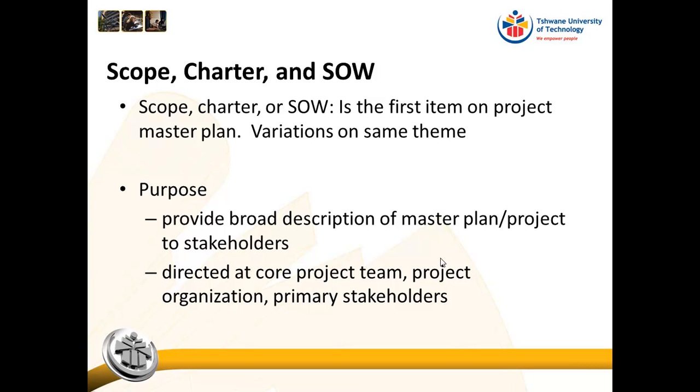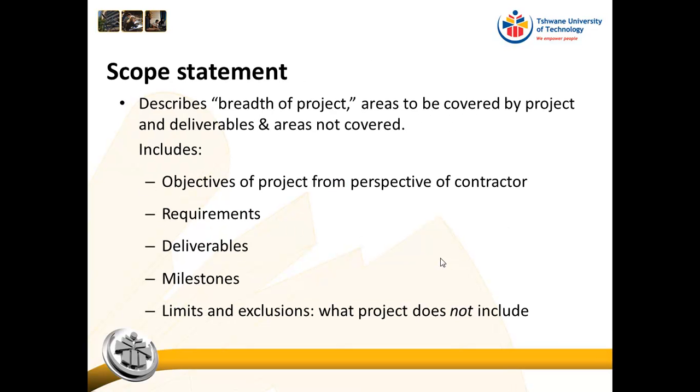So when we talk about the scope statement and the statement of work, this is where we now go into more depth in terms of exactly what it is that we're going to do in this project.